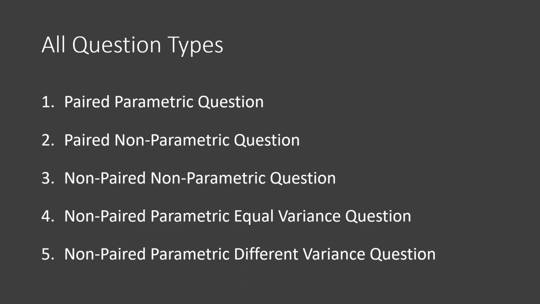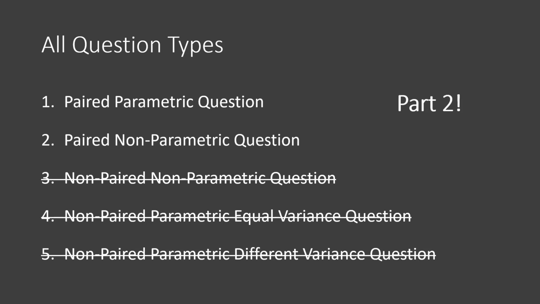And so these are the 5 different questions that you'll be seeing, at least in subjects 2, 3, and 4. Right? You have the paired parametric question, the paired non-parametric question, non-paired non-parametric question, the non-paired parametric equal variance question, and finally the non-paired parametric different variance question. Alright? And I'll just be referring to these as question 1, 2, 3, 4, and 5. Alright?